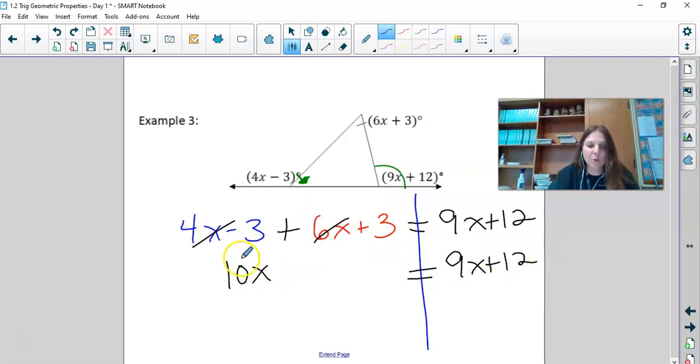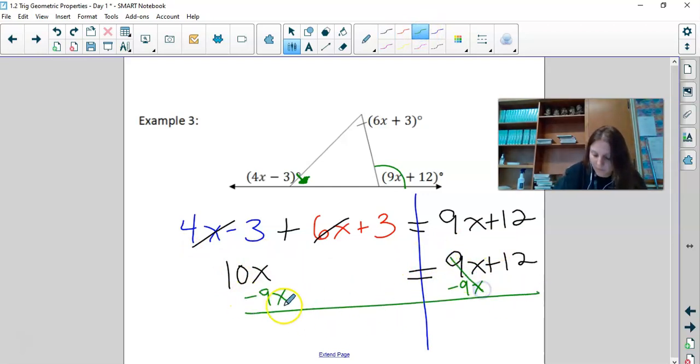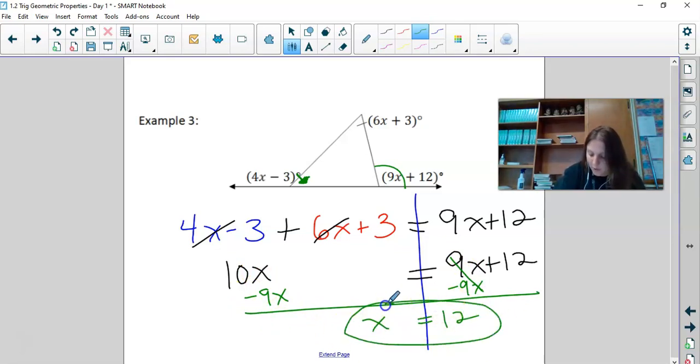Now you can either move the 10x or the 9x, but since I want to get the x's to one side, and 9 is smaller, I'm going to subtract 9x. So that's going to give me x equals 12. Now don't forget the most important part, plugging it back in. So you're going to go ahead and plug it back in for each angle.